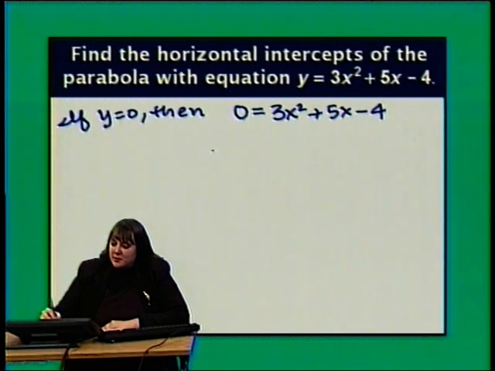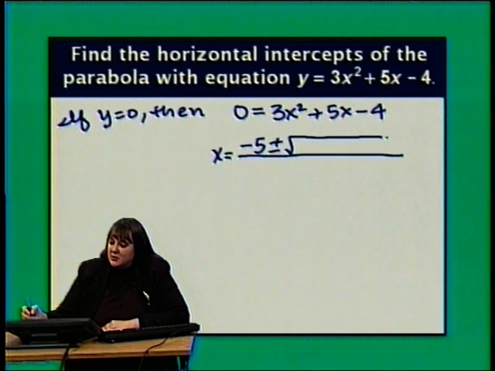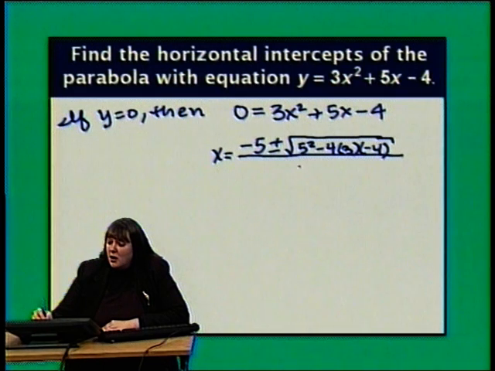So the quadratic formula tells me that x has to equal the opposite of b, so that's negative 5, plus or minus the square root of b squared, so that's 5 squared, minus 4 times a, which is 3, times c, which is negative 4, all over 2 times a, that's 2 times 3.